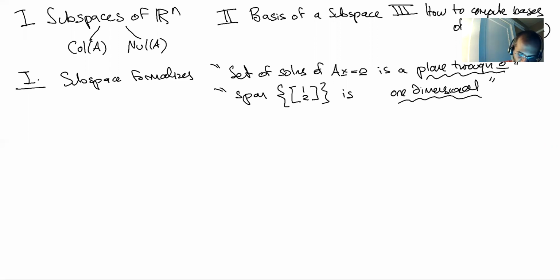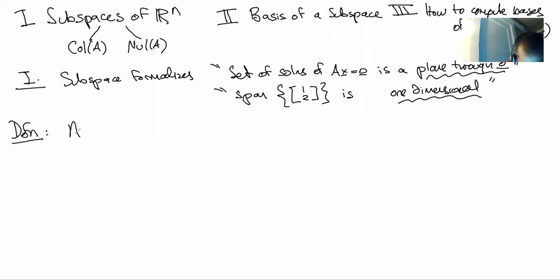Okay. And so what we're going to do with this notion of subspace is give a rigorous definition that captures this concept. So here's the definition. In some sense, this is what a plane through the origin means in higher dimensions. You can view this as a definition of what a high dimensional plane even is.